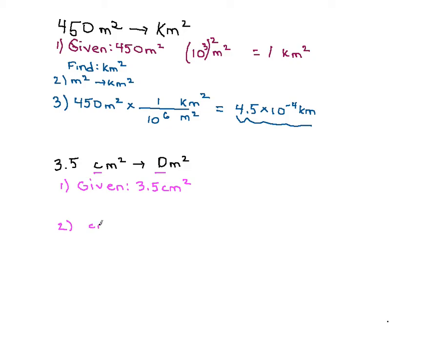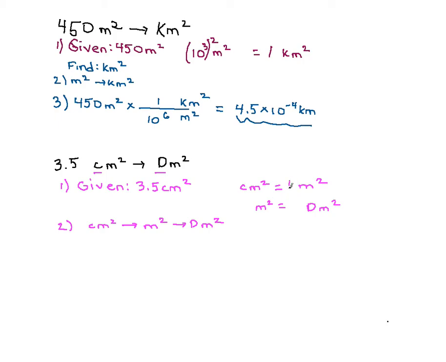So centimeters squared. If you want to skip steps, that's fine, but make sure you fill everything in. So let's put these relationships up there. So centimeters squared equals meters squared. And then meters squared equals decameters squared. So, which unit's larger, meters or centimeters?